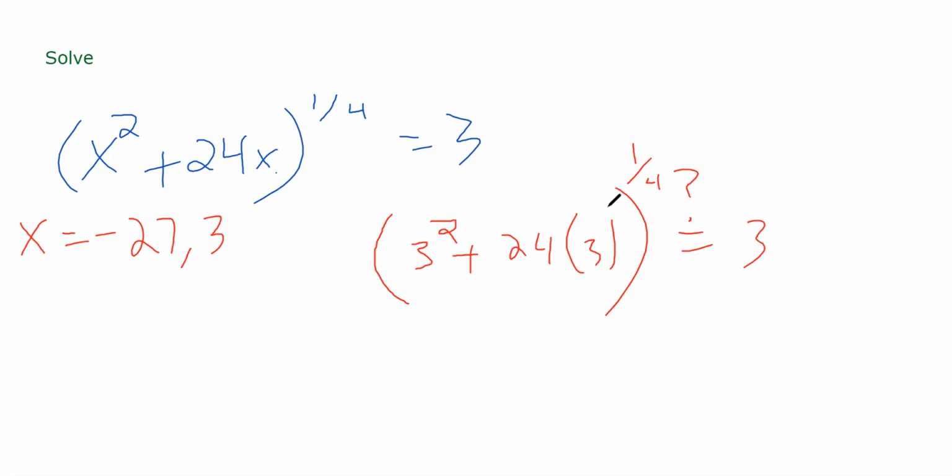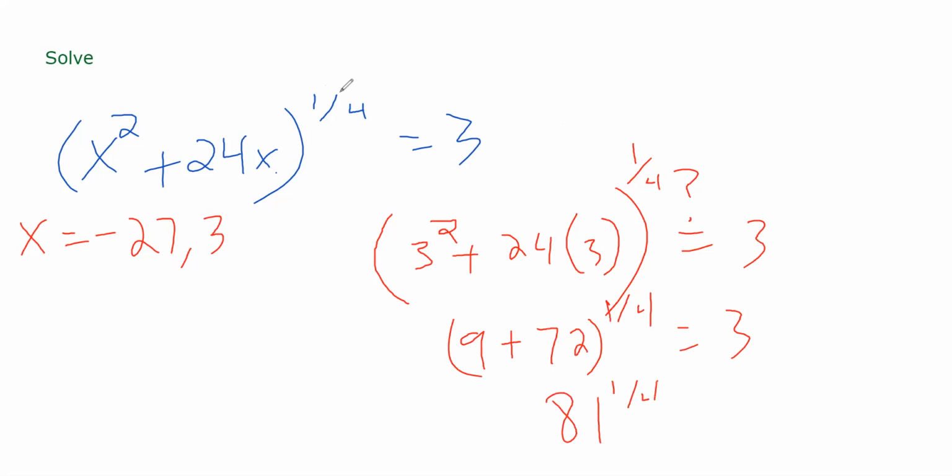That's a closed parentheses right here. Let me make that a little bit better. You're going to get 9 plus 24 times 3. You can do the quick side calculation. It'll be 72. You can get 81 to the 1/4 power.